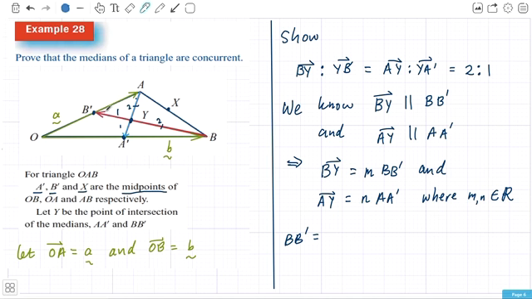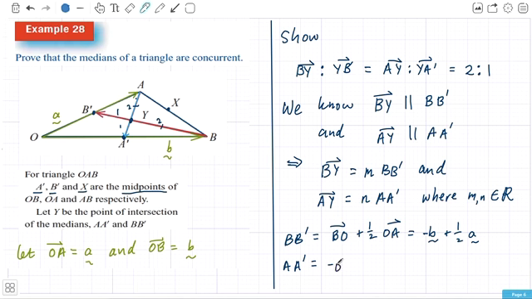So to go from B to B', I'm going to go this way. I'm going to go B to O, plus a half of this vector O to A. And I know that B to O is backwards along b, because I've defined that to be b. And O to A, well, that's a, so this is a half a. And also, same way with A', going from here to here, I could go again backwards along this vector, which is a, so negative a.